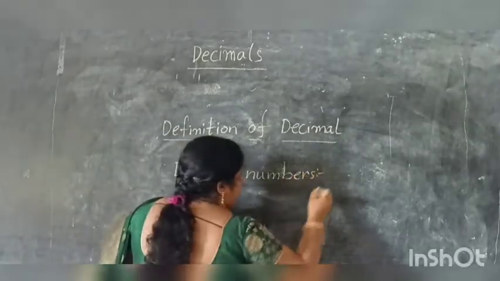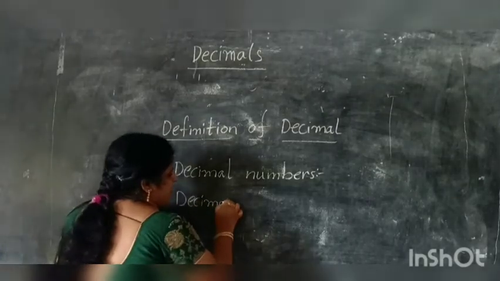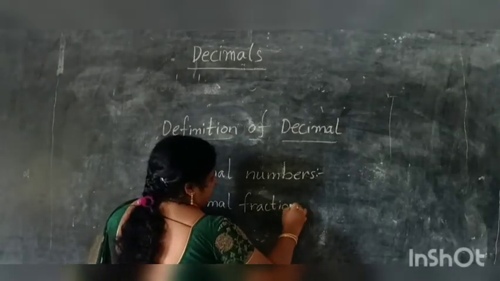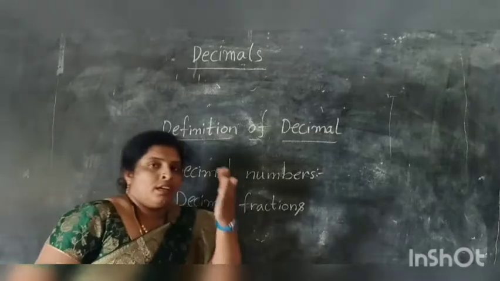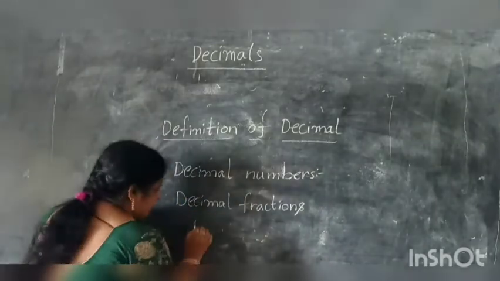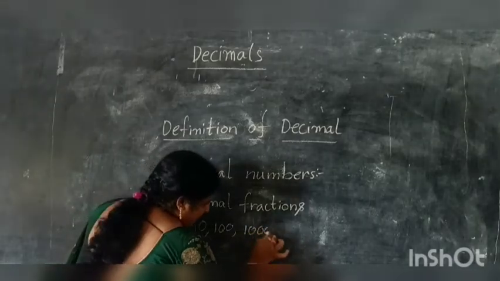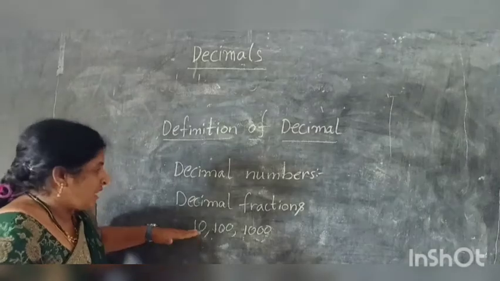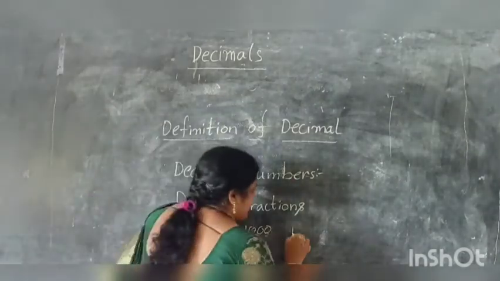Decimal numbers, decimal fractions: fractions with 10, 100, 1000 in the denominator.